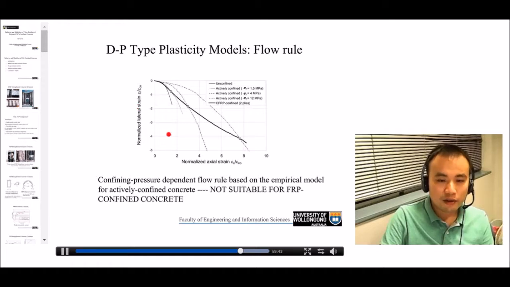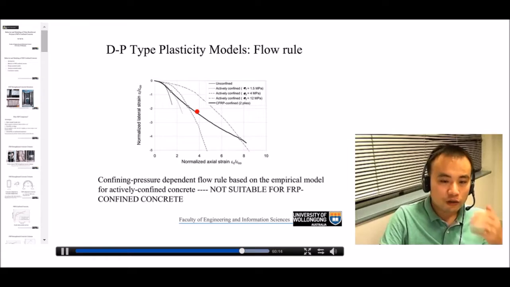And this figure explains that this treatment doesn't work, because as you can see from this figure, the curve for FRP-confined concrete intersects with the curve for actively confined concrete at a certain point, right? And at this point, the lateral confining pressure is the same.